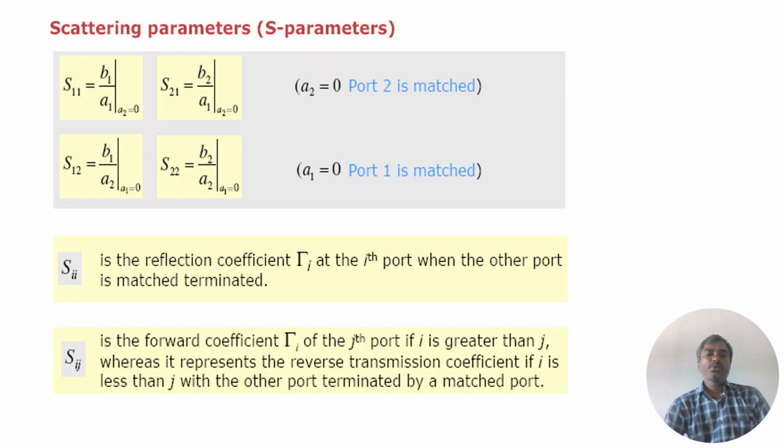Similarly, S12 is the ratio of output available at port 1 to the power input at port 2, keeping zero input at port 1. S22 is the reflection coefficient, which is the ratio of power reflected at port 2 to the power incident at port 2, keeping zero power at port 1.